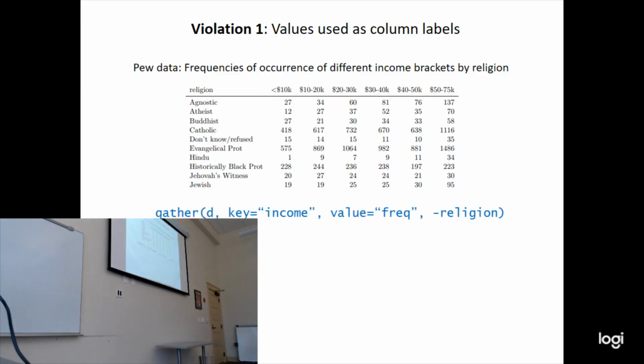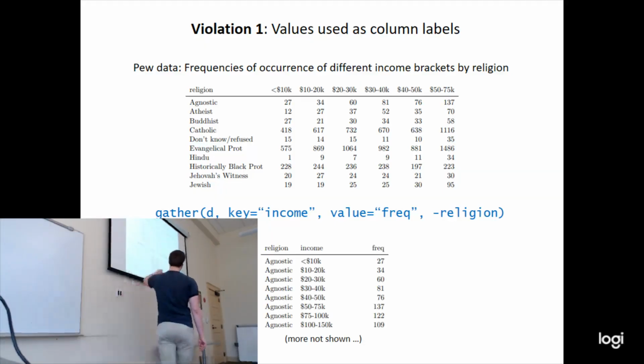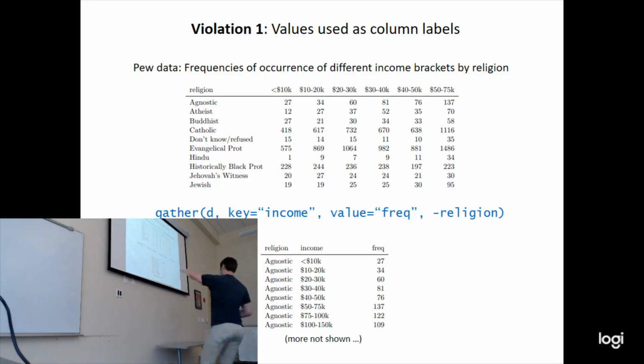And move them into their own column. So what I've done here is I've got a new column called income, and all those things that used to be smushed up in all these different places in the table are now in a single column called frequency.